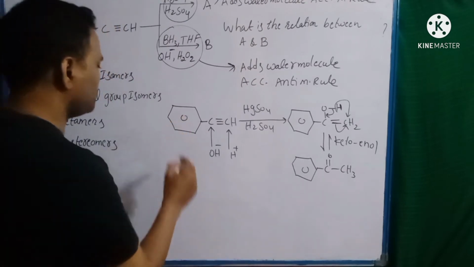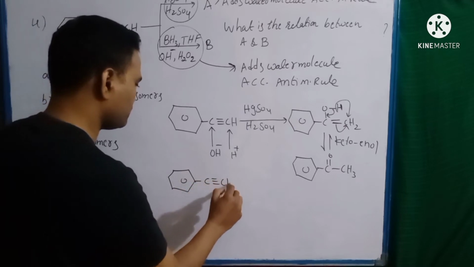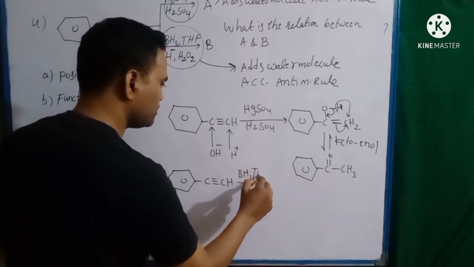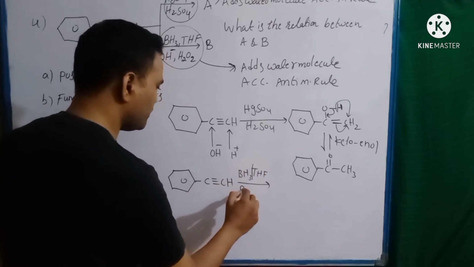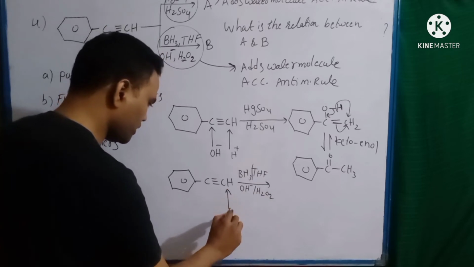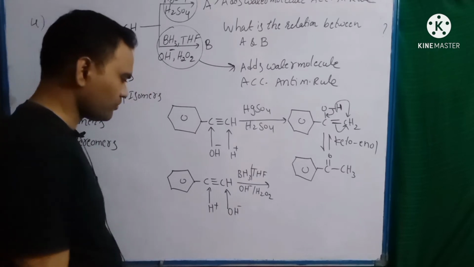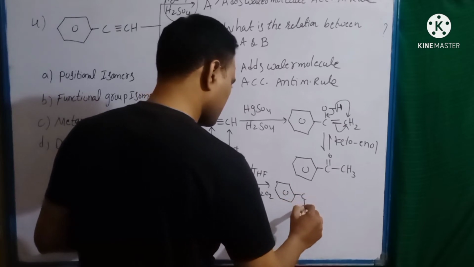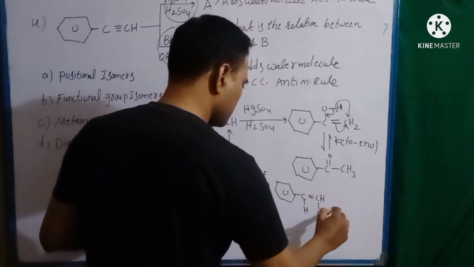Okay. Now let us see the second reaction. BH3 THF followed by oxidation adds a water molecule according to anti-Markovnikov's rule. Okay. Here we get CH double bond CH and OH.